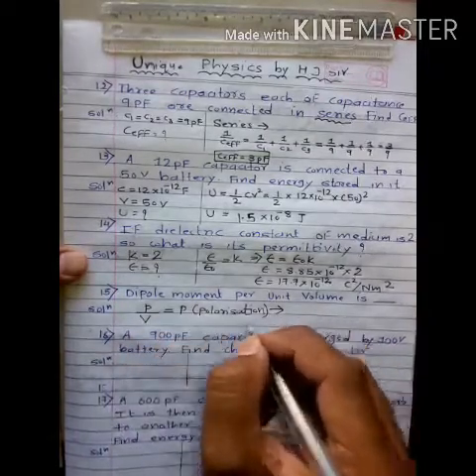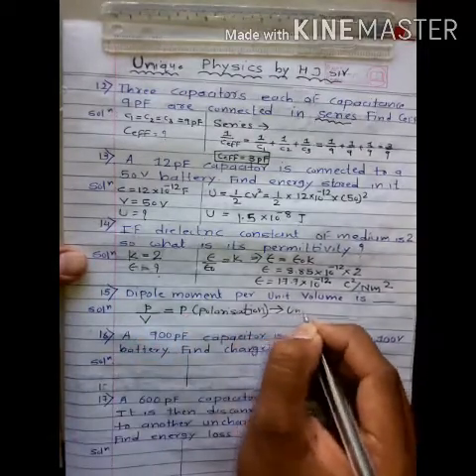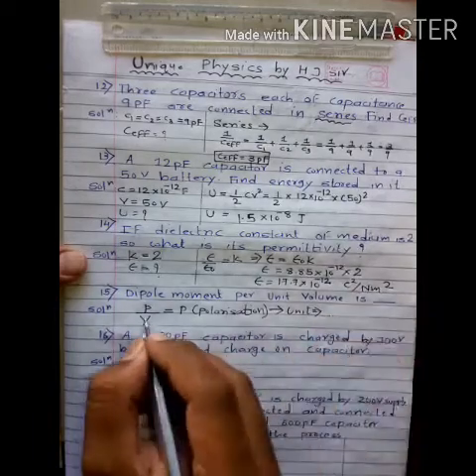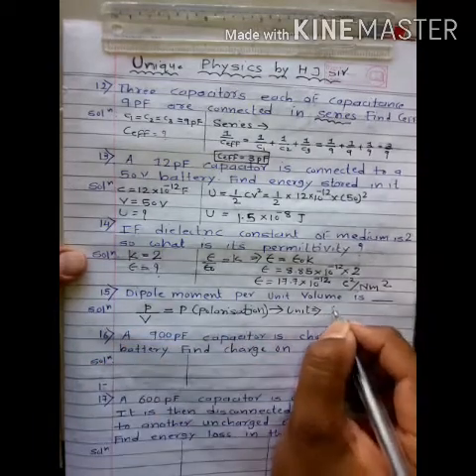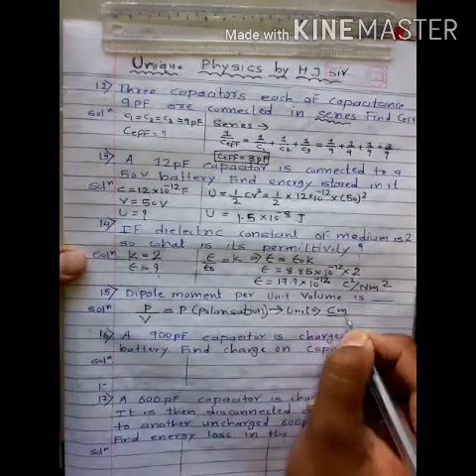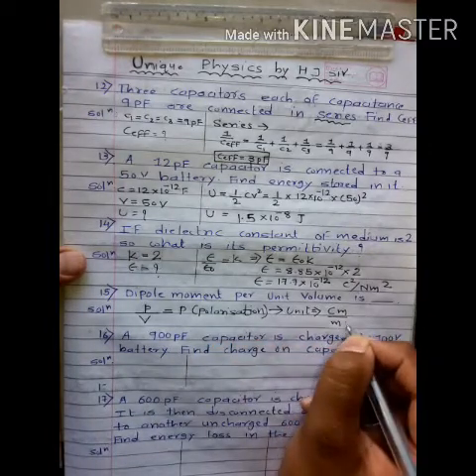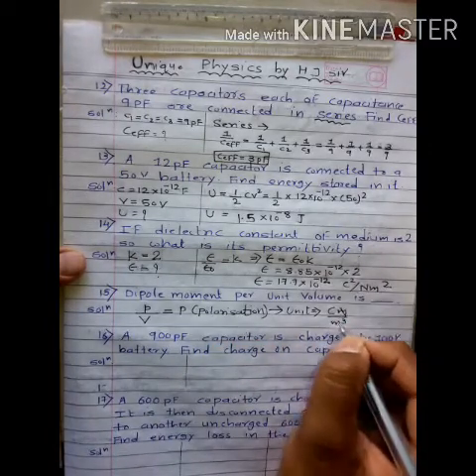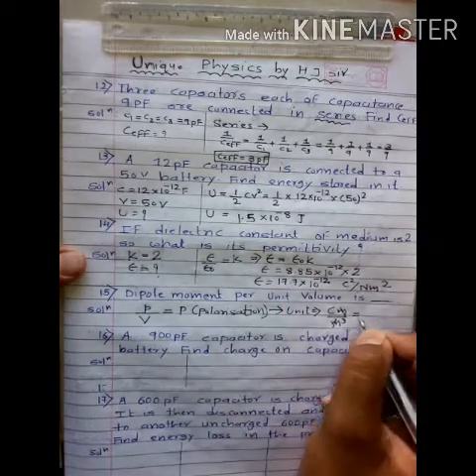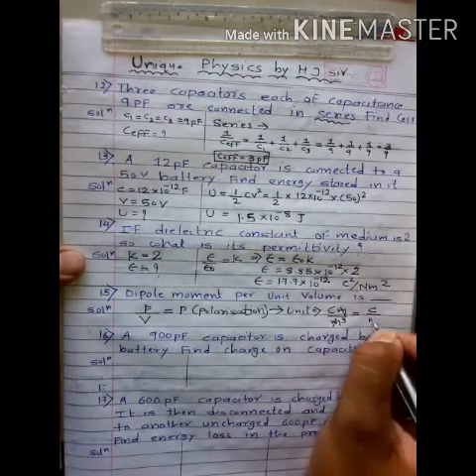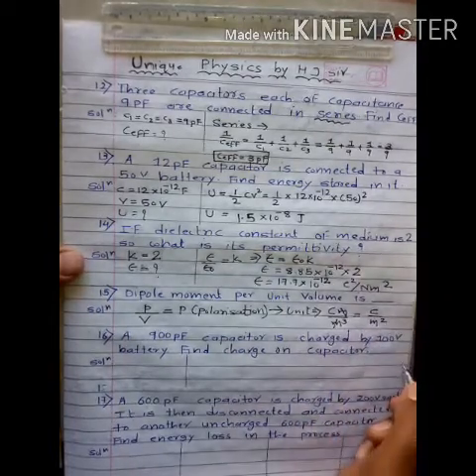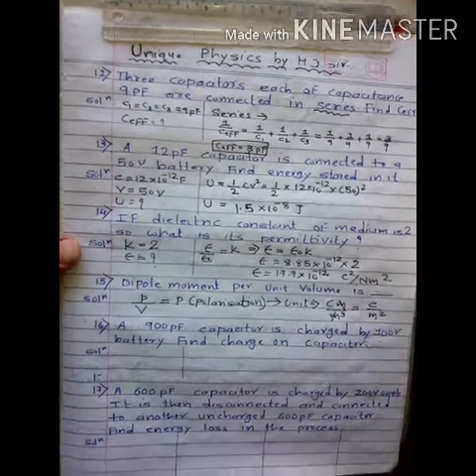Suppose we want the unit of polarization: the unit of dipole moment is Coulomb into meter, upon the unit of volume, meter cube. So one meter will cancel out. So the unit of polarization is Coulomb per meter square. Okay. Next MCQ.